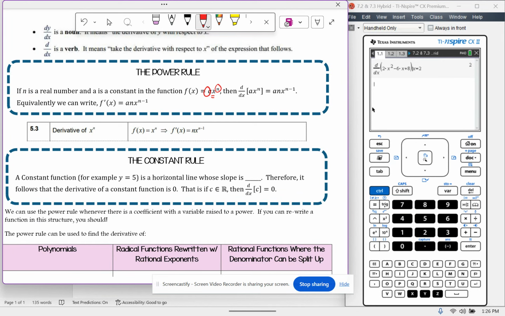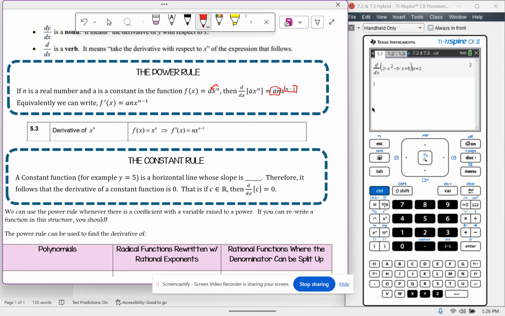So we want to try to rewrite as much stuff as we can in that form so we can use the power rule. Then the derivative of a times x to the n is equal to a times n times x to the n minus 1. What does that mean? That means we took this power, we dropped it down in front, and multiplied it by whatever coefficient was already there.